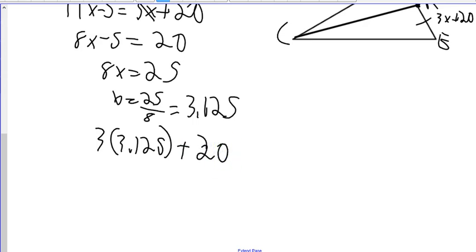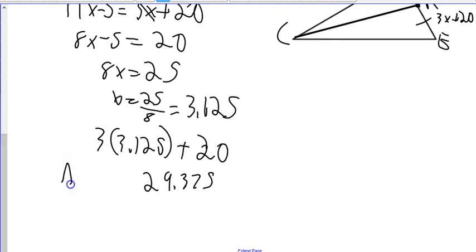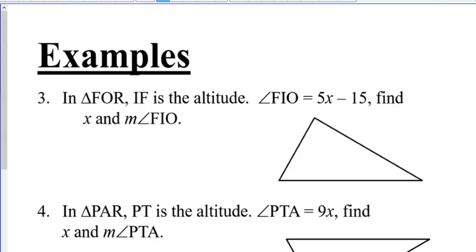When you do that, you will find out that it is 29.375. And they're both equal, so RE and AR are 29.375. So it's a decimal, but it's kind of a nice decimal. It's easy to work with.